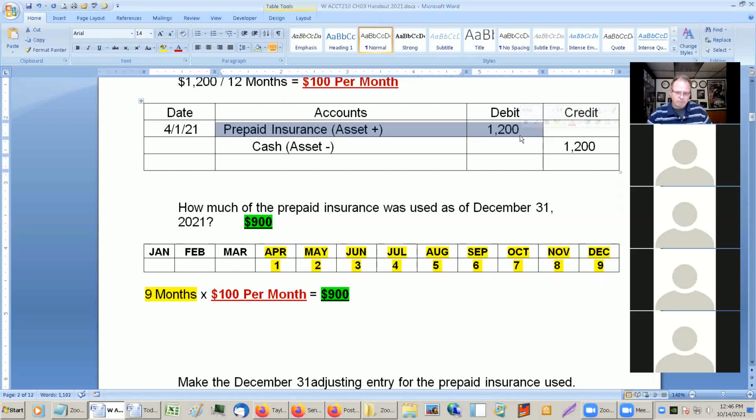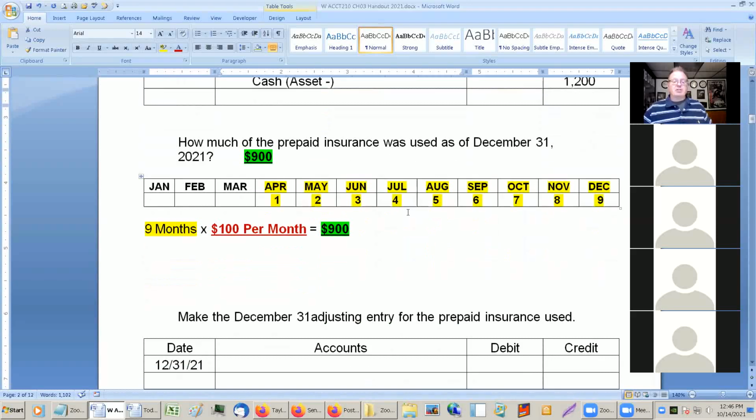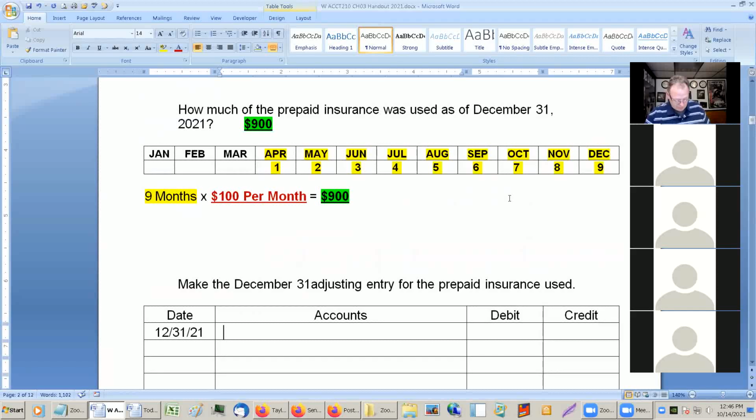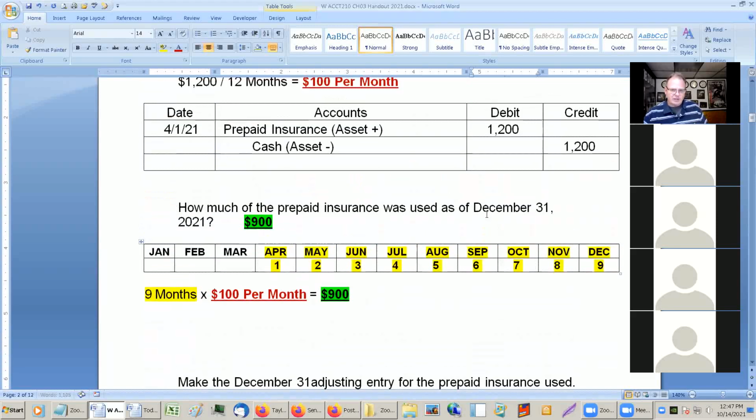Insurance expense, for 900. And what's going to be the credit? I'll give you a hint. It's not going to be cash because we already paid the cash in April. Prepaid insurance. Good.